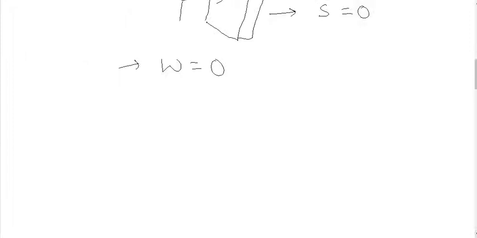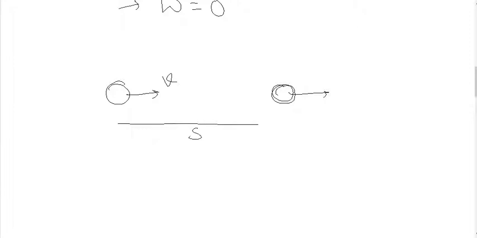Now take an example where force is 0 but displacement is observed. Let's take a ball moving with velocity v. It remains at constant velocity over a distance s from the initial position.